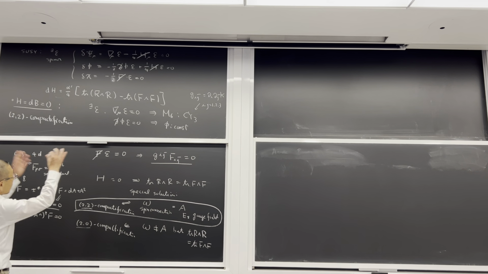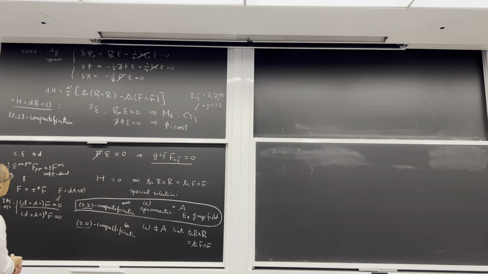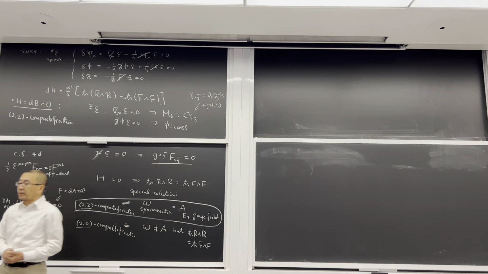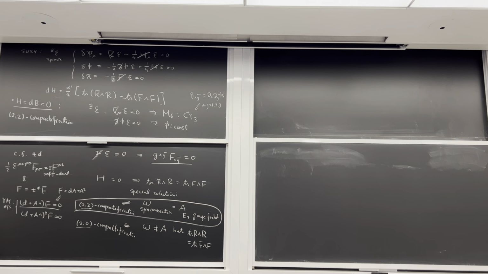So combining all these, what this means is that if the 6-dimensional manifold M6 is Calabi-Yau, and if you set omega equal to A, then you have a supersymmetric solution for the E8 cross E8 heterotic string. And this will give an exact solution to the tree-level string equations of motion.